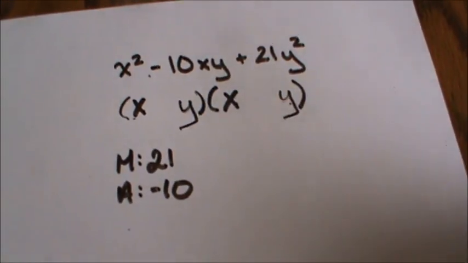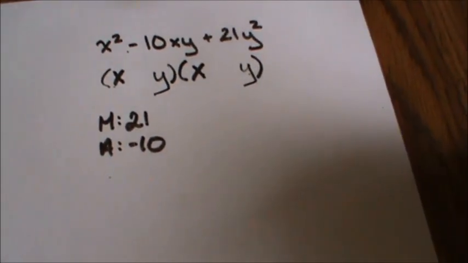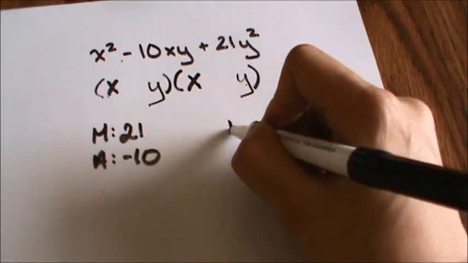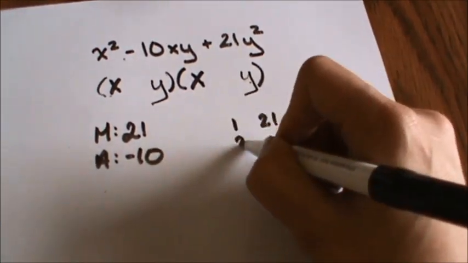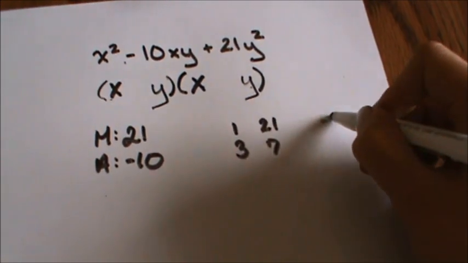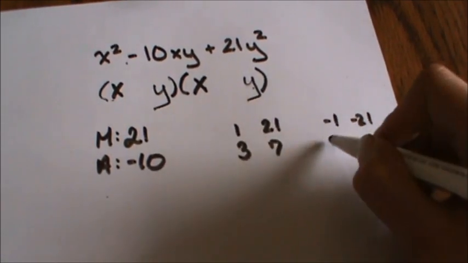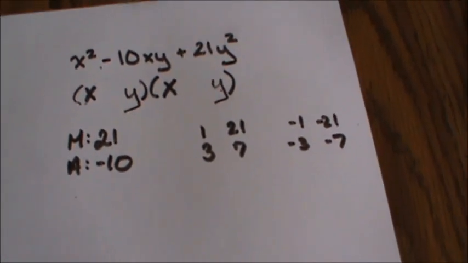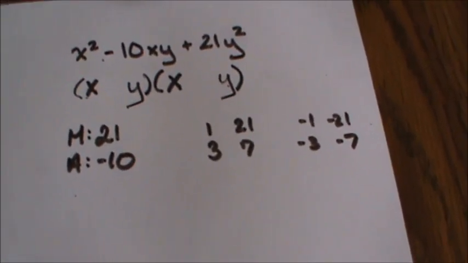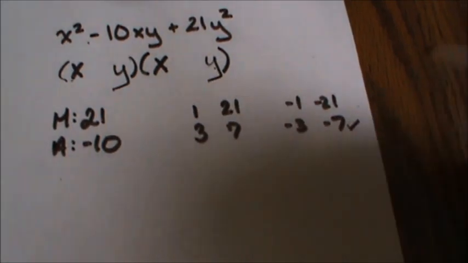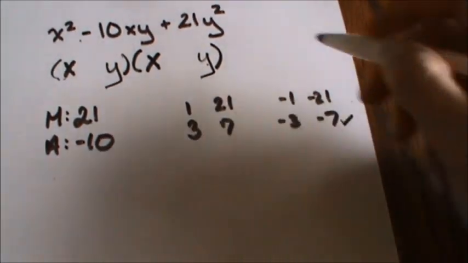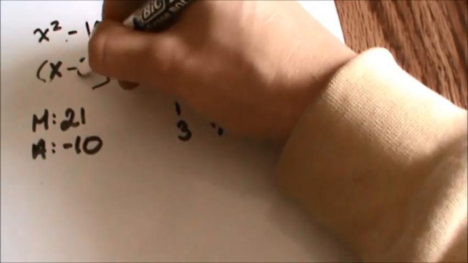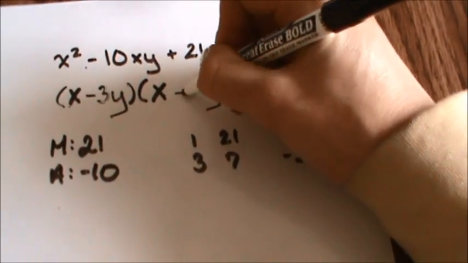I need to find something that multiplies to be 21 and adds to be negative 10. So let's list out our factors of 21, the positives and the negatives, all the possibilities of multiplying to be 21. Do I see two that add to be negative 10? You betcha, right here. That means this is going to be negative 3, and this is going to be negative 7.